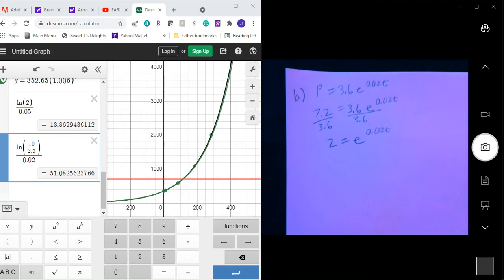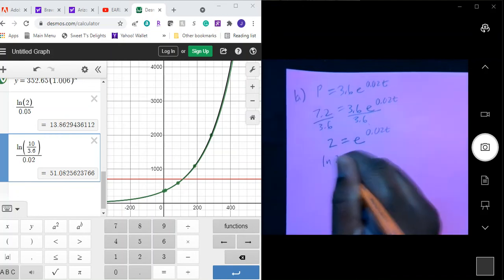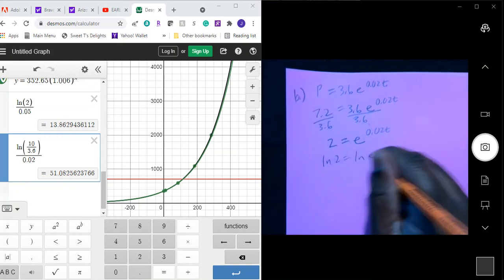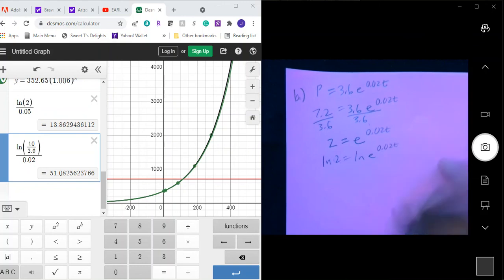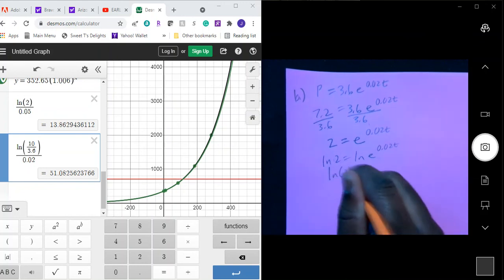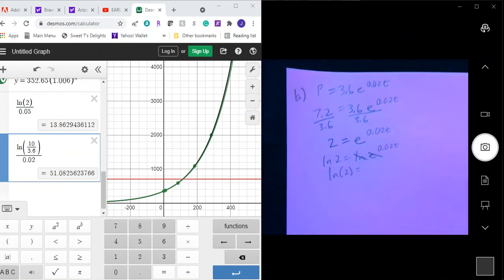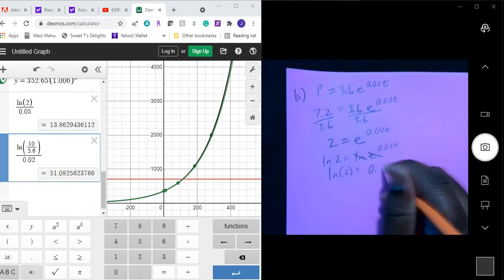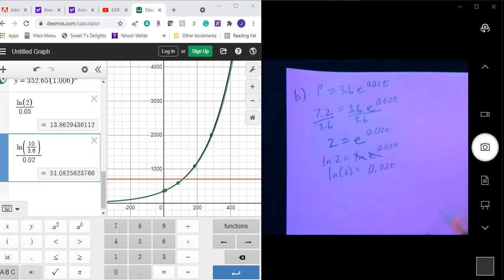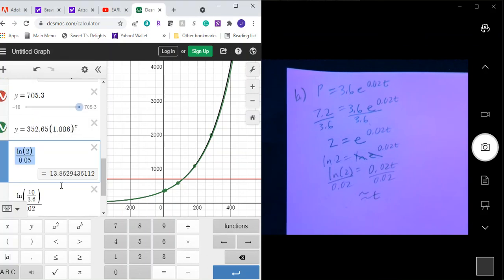Now we take the natural log of both sides. On this side, the natural log and the e will simplify out and leave us 0.02t. We divide each side by 0.02. Matter of fact, we could just change this bottom number here from the 5 to a 2.